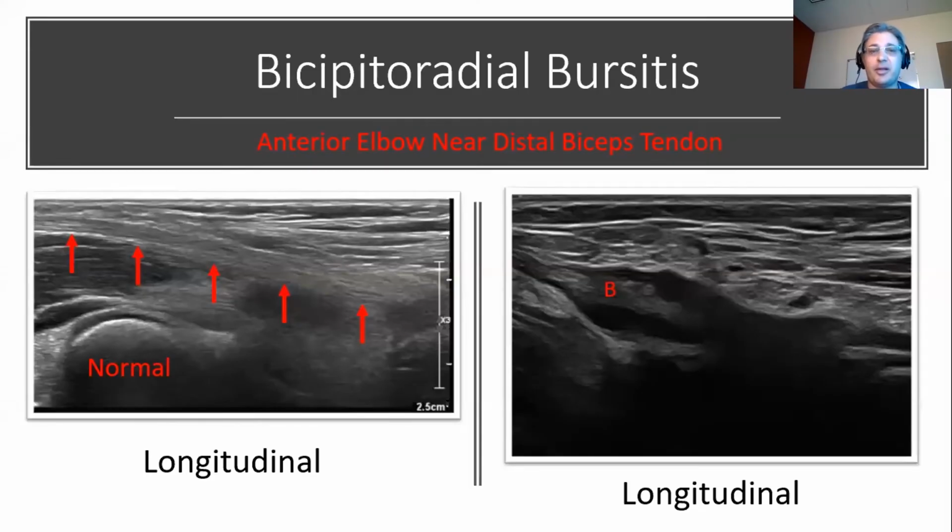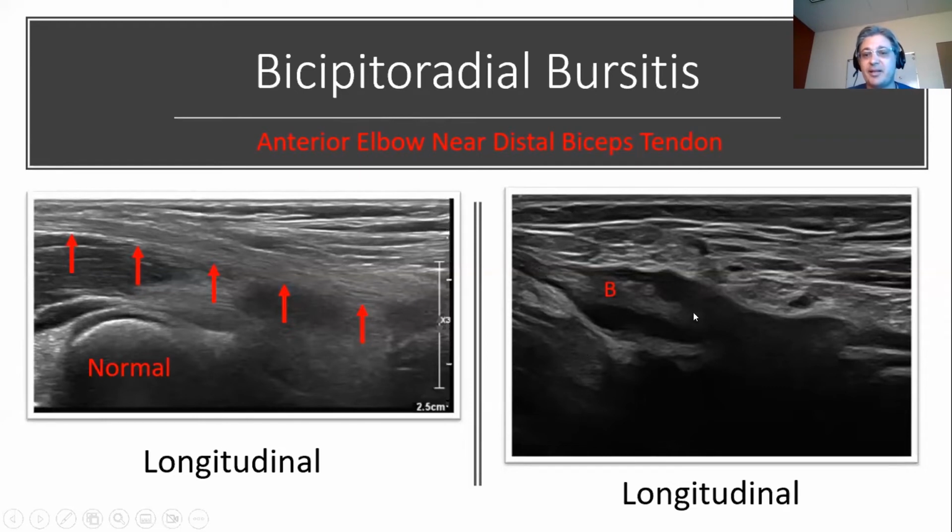Sonographically, what does this look like? Well, here's a nice example of a normal distal biceps tendon. Just like every other tendon in the body, sonographically, it's a band-like, linear, fibrillar structure. Compare that to a patient with bicipital radial bursitis.